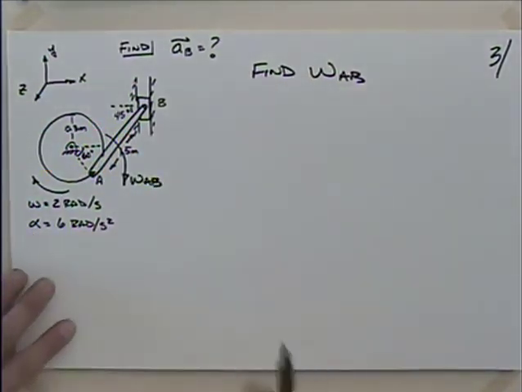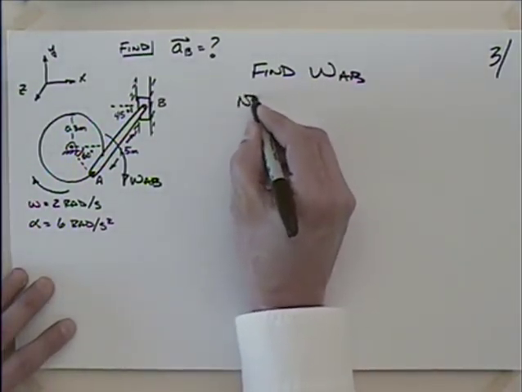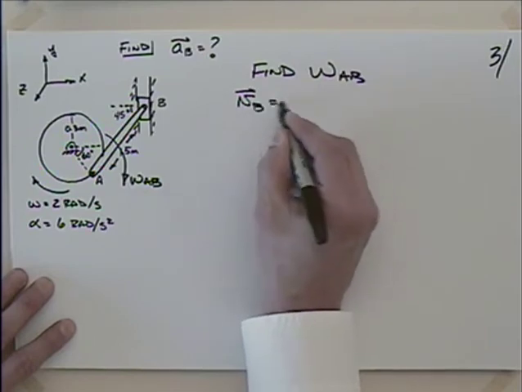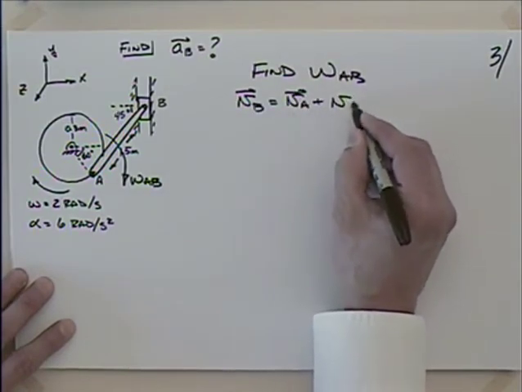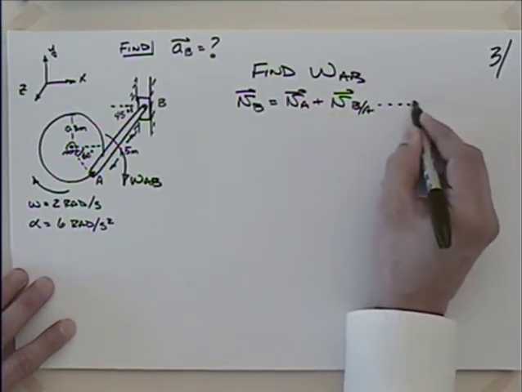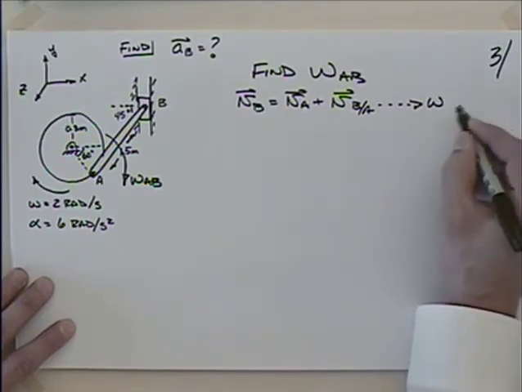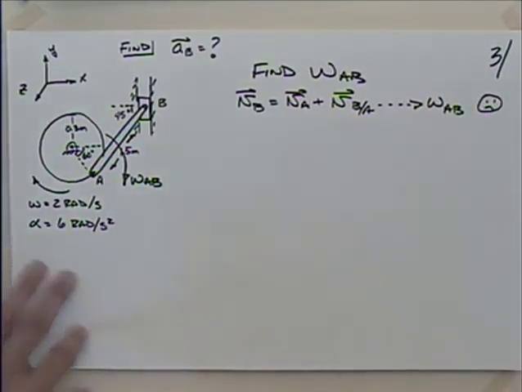Okay. Now if we wanted to, we could go through and say that the velocity of B is equal to the velocity of A plus the velocity of B with respect to A. I mean, and that would eventually get the omega AB, which would probably be long and not very much fun.